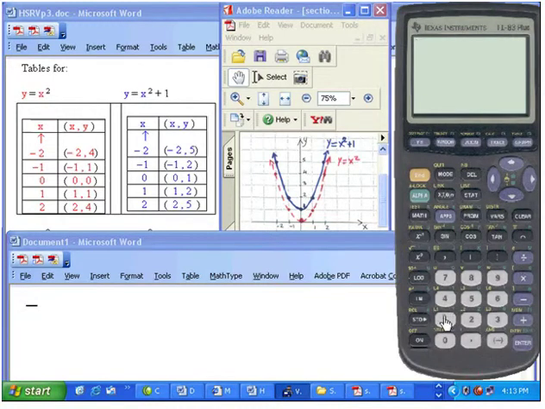If you wanted to use the calculator, you would type y1 equal to x squared. That will be your reference graph. And then your other graph will be x squared, and then you would add a 1 to that. Now let me do one thing. Let me make the graph that we care about, y equal to x squared plus 1, bold by just altering over here the pattern of graphing.